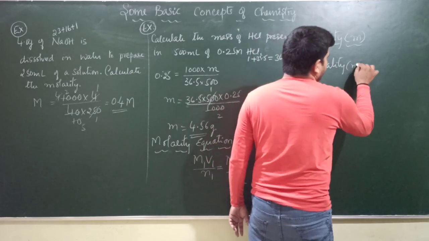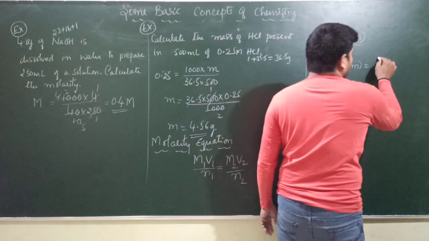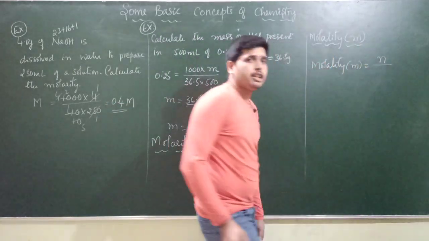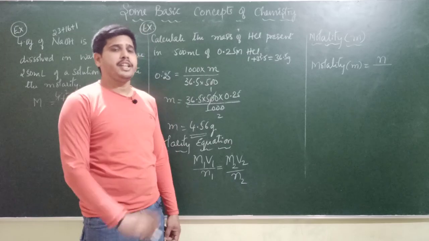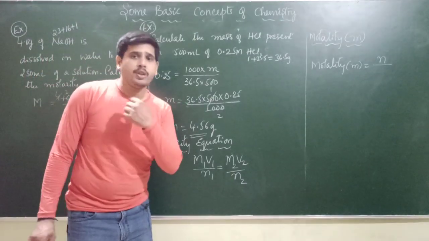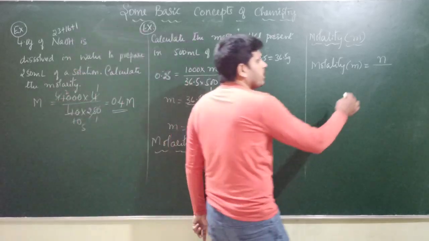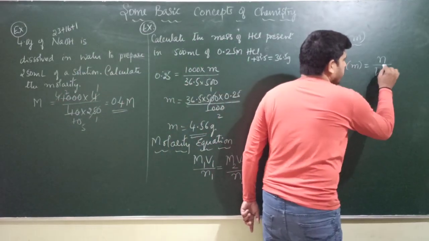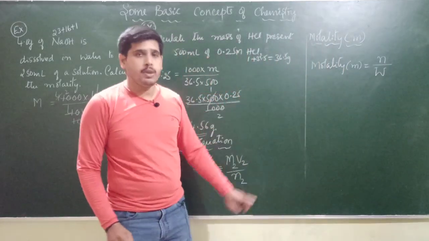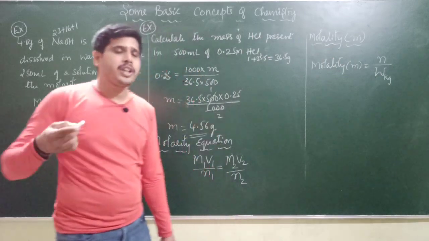Molality m is equal to, again the same, number of moles of the solute, n, divided by mass of solvent in kg. In the earlier formula we took volume of solution. Now here we are supposed to take mass of solvent, let me denote it as W, in kg. There it was in liter, now here it is in kg.